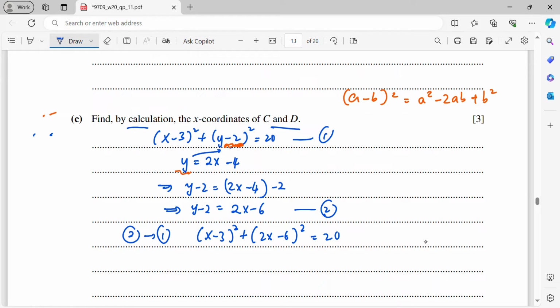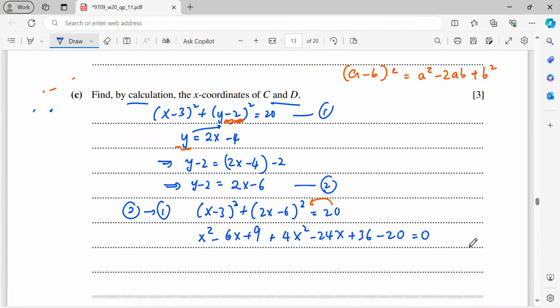When you square the first bracket, I will get x squared minus 6x plus 9. And for the second bracket, it will be 4x squared minus 24x plus 36. And there is a 20 on the right side, so I will move it to the left-hand side. It becomes minus 20 equals 0.